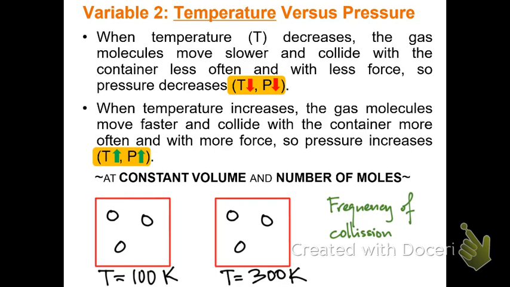Because these molecules are moving a lot faster compared to at 100 Kelvins, the frequency of collision is also higher.